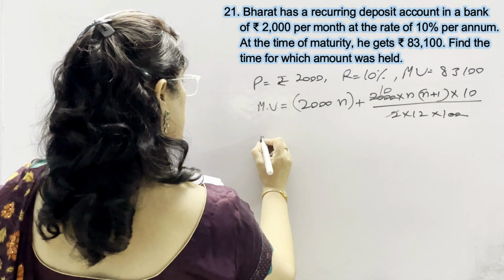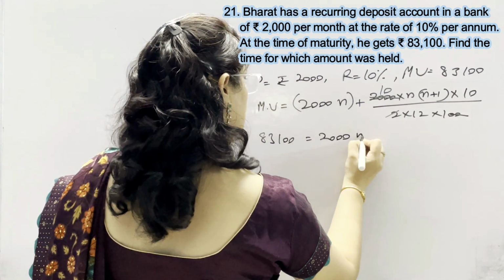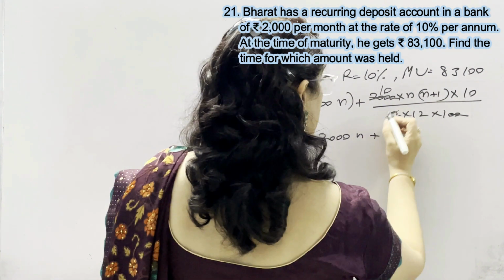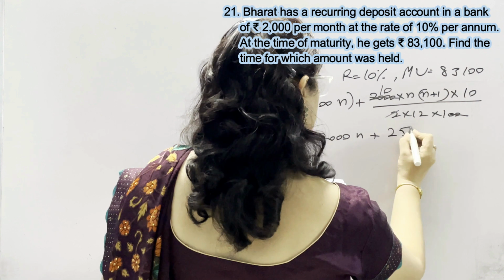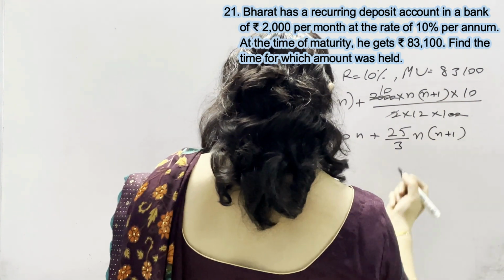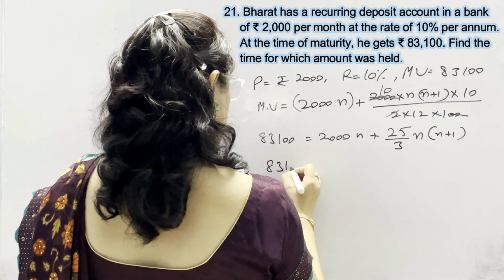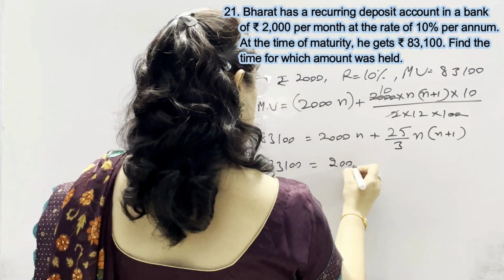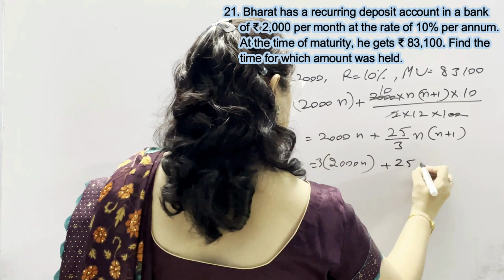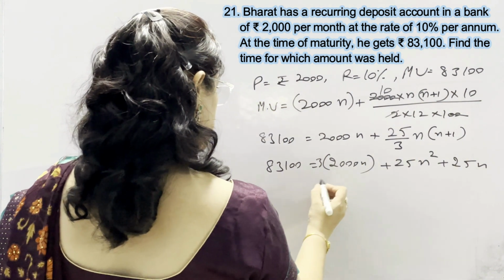Now the maturity value 83100 is equal to 2000n plus, after calculation, this value comes out to be 25 upon 3 n(n+1). Now 83100 is equal to 2000n multiplied by 3, taking LCM, and then 25n square plus 25n after opening this bracket.